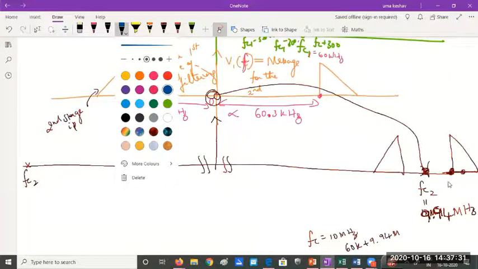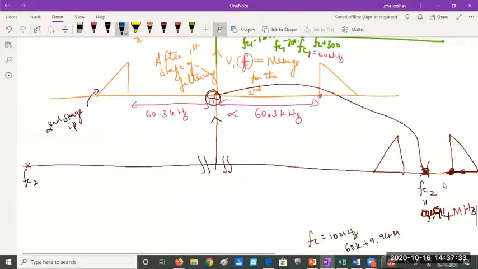So this would be somewhere at 9.94 mega plus 60.3K. I have 60.3K, so this amount of shift from 9.94 mega.